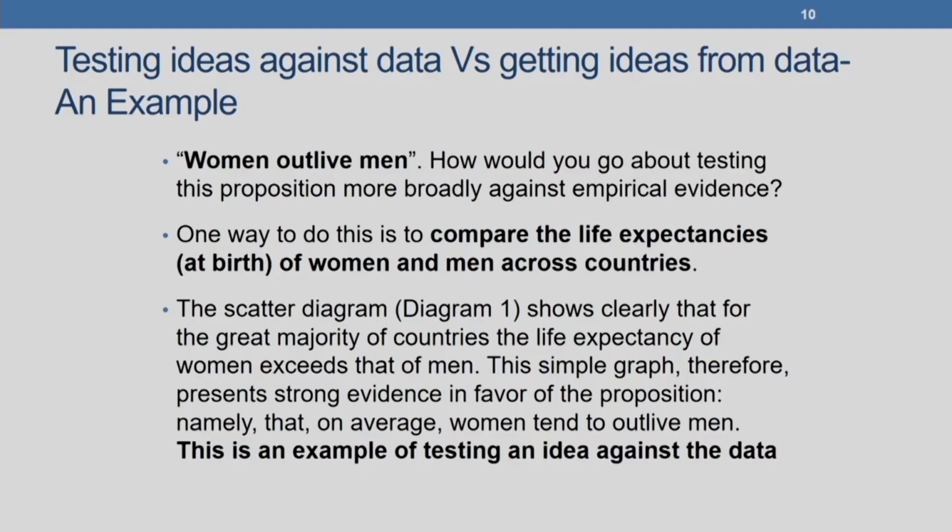There can also be a situation where we are testing ideas against data versus getting ideas from data, as I was pointing out. Now, until recently, statistical textbooks usually focused more on confirmatory analysis, and the underlying idea was that scientific method should consist of testing ideas against data.